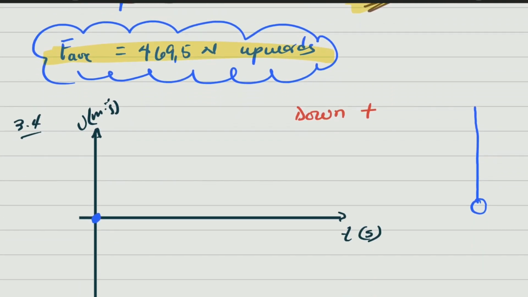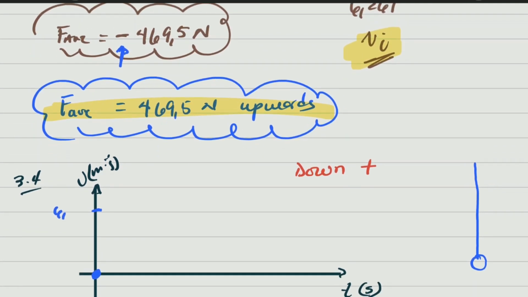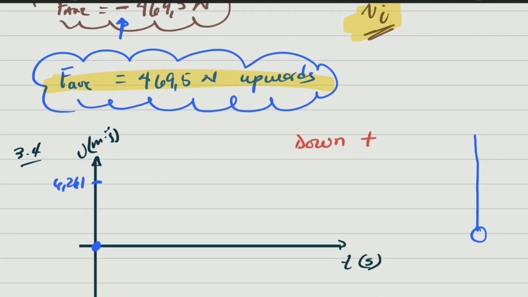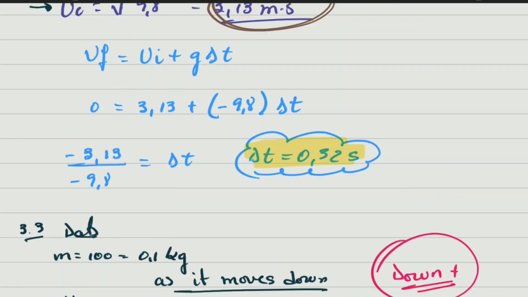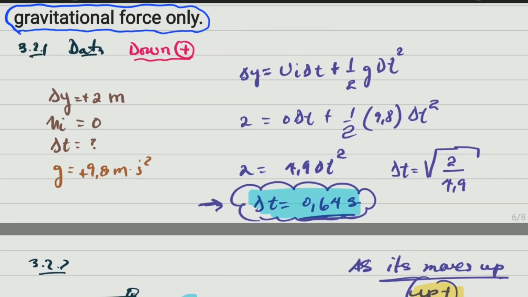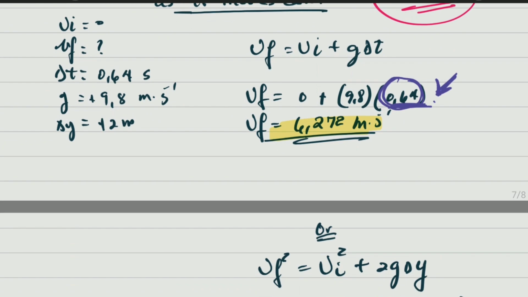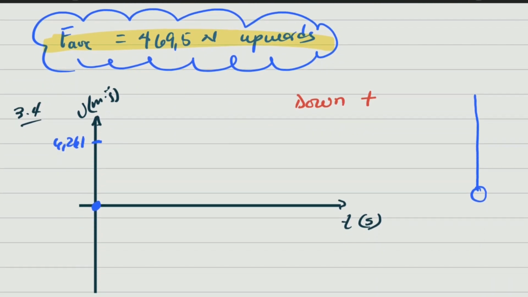We have it there. So because we said down is positive, the final velocity then must be positive here. This one is 6.261, which is what we got. How long did it take for the ball to reach the ground? It was calculated in the very first question of all. It was 0.64. Remember 0.64 after being rounded off.